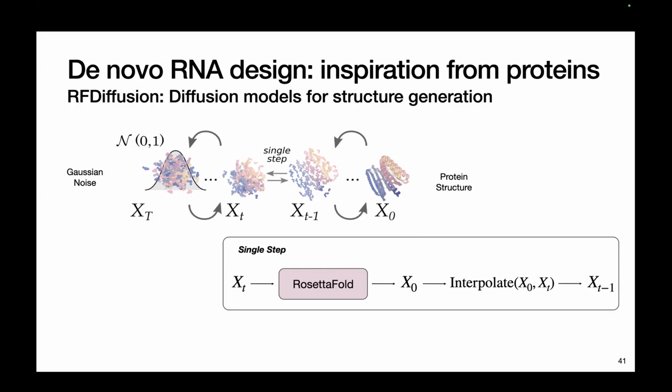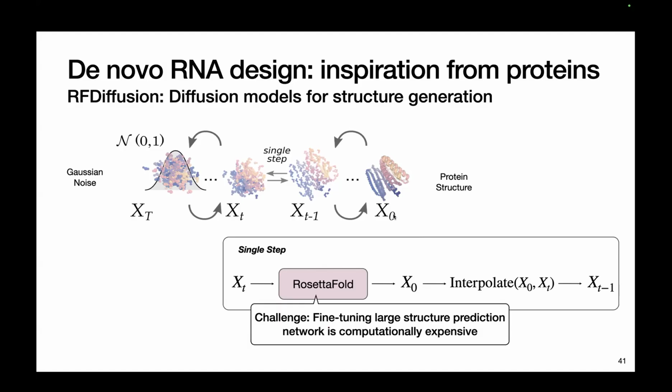You have RoseTTAFold that can propose new structures, and you use a diffusion model to generate structures iteratively, right? So we wanted to propose something similar for RNAs, and generate these RNA structures using folding models like RoseTTAFold NA, for example, right?